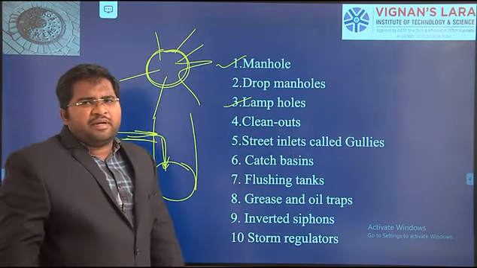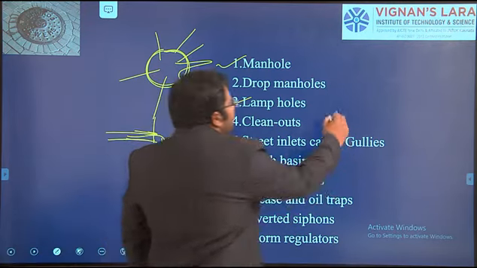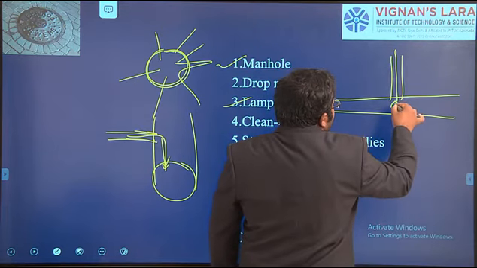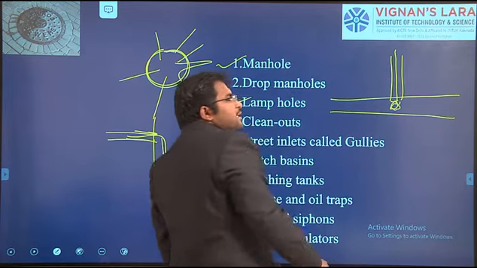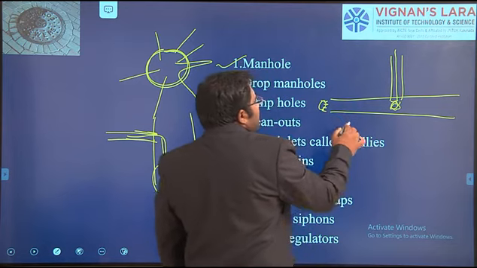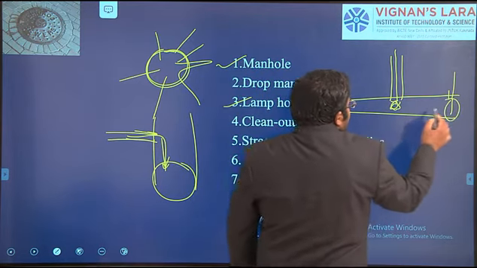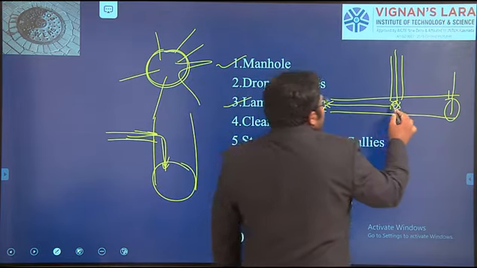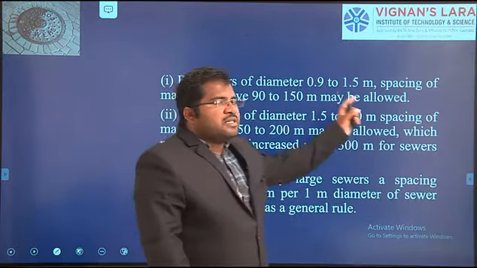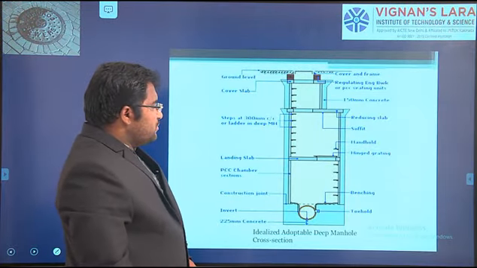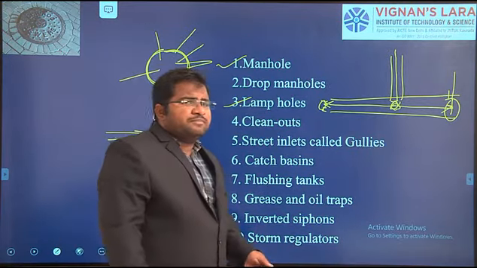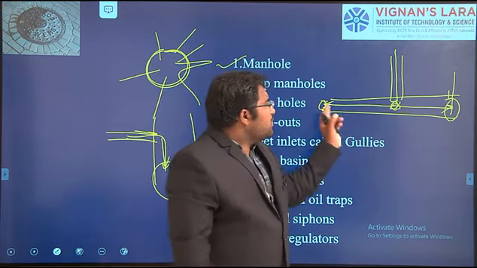The lamp hole will be provided to see inside. If you are taking a continuous pipeline, here we have a lamp hole, and from there we use an electrical bulb. Now I am observing from here to this place, so that I can see the light from here, and then I can conclude that there is no obstruction between these two locations.